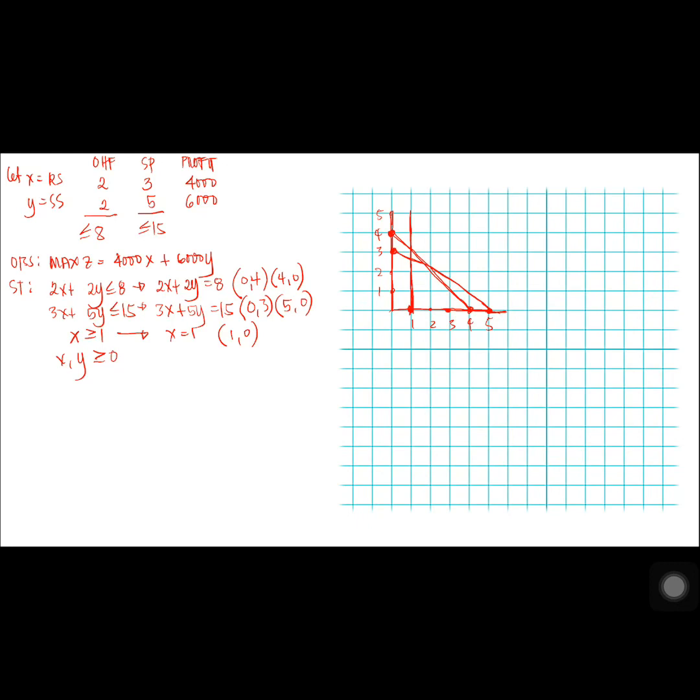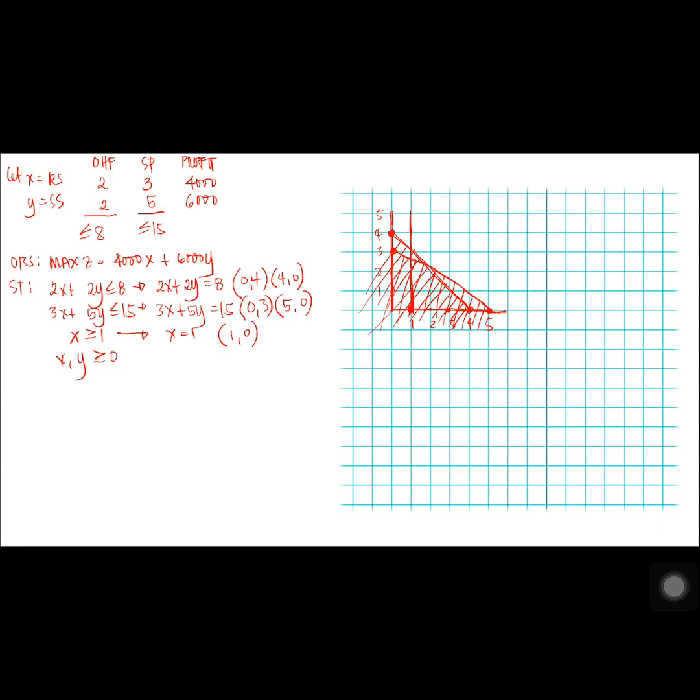Okay, so again, these are inequalities. For the first inequality, we have 2x plus 2y is less than or equal to 8. We have it here. This is our shade. The second inequality, 3x plus 5y is less than or equal to 15, we have it here.